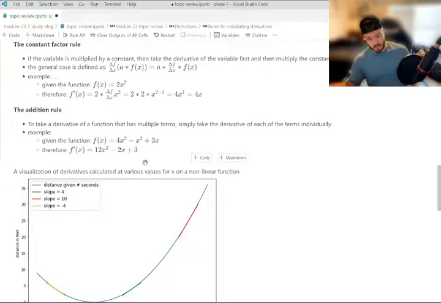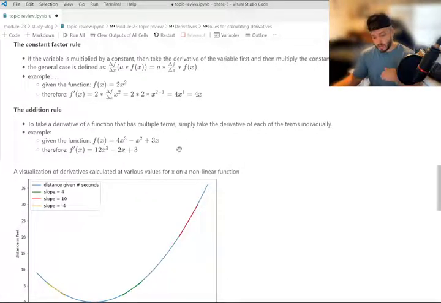So moving on, we got our addition rule. This is actually pretty simple. It basically states that if you have a function with multiple terms, and by term we mean any single unit that's separated by a plus or a minus, it's important to note this doesn't necessarily count with multiplication or division. Things get a little more complicated with that.